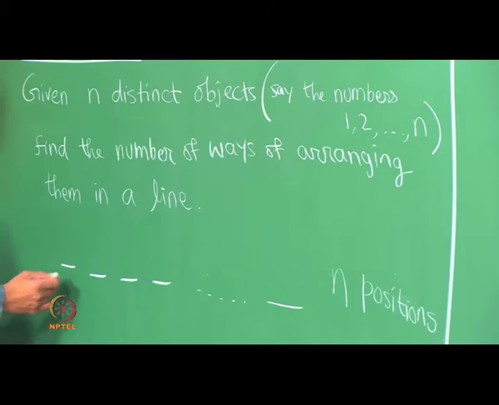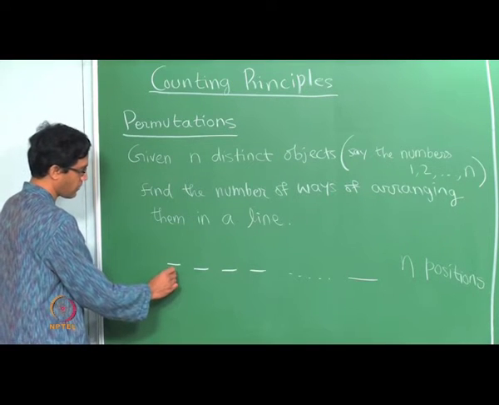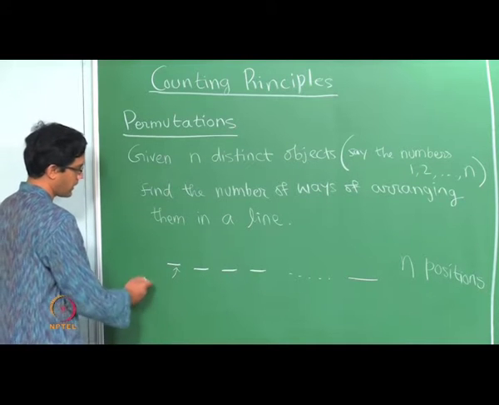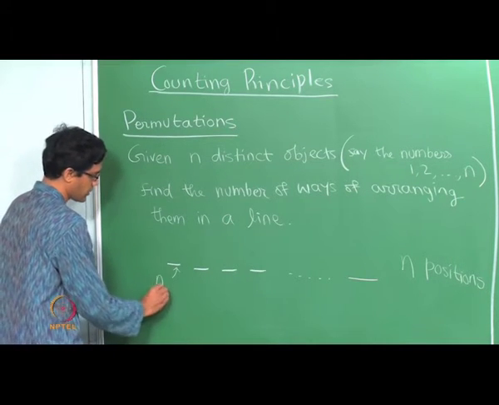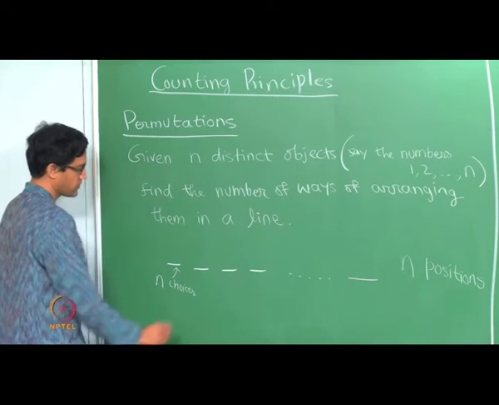So the number of ways of doing this is given by the usual counting principle, which is sometimes called the product principle. You first figure out how many ways there are of filling the first position, this first place here. There are n, you can put any of the n distinct objects. So here there are n choices for filling the first position.